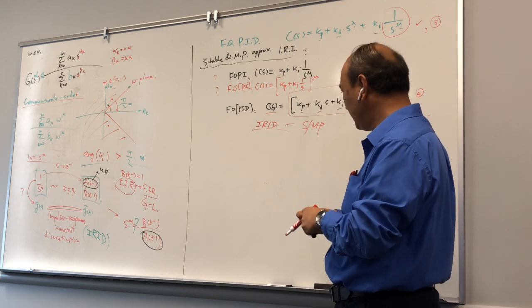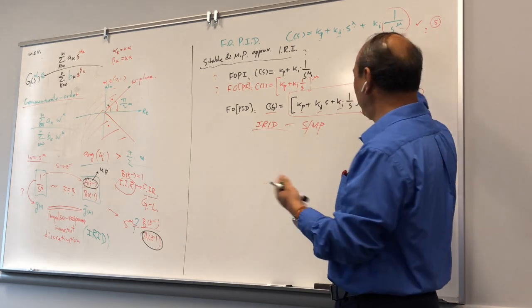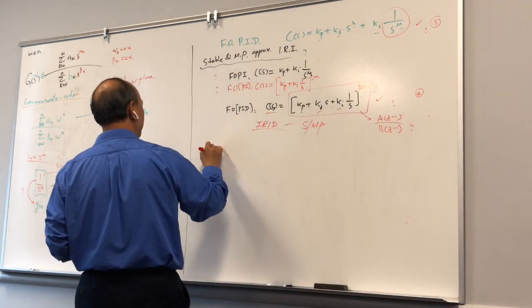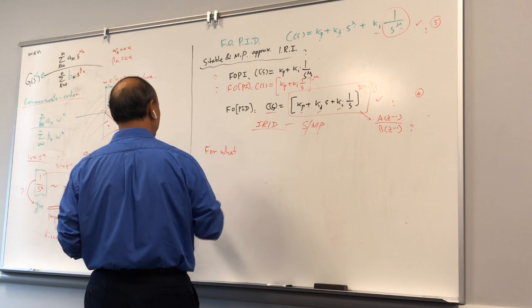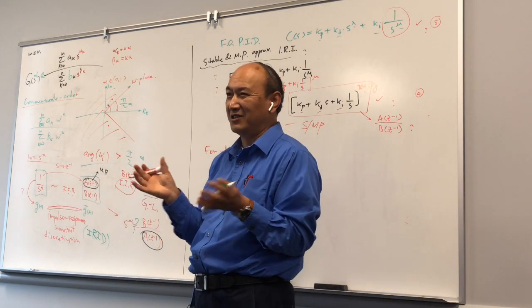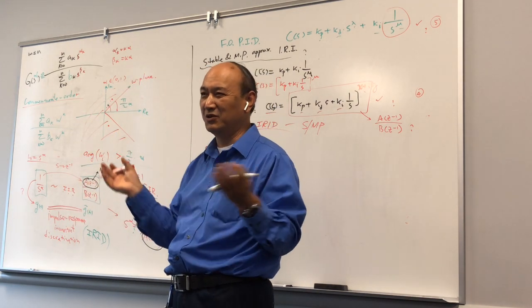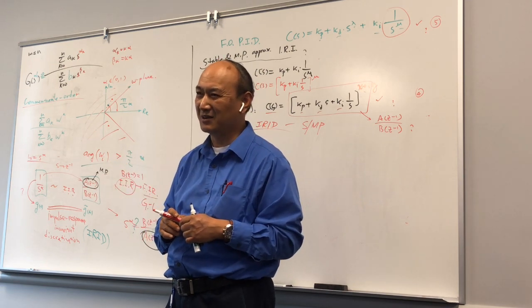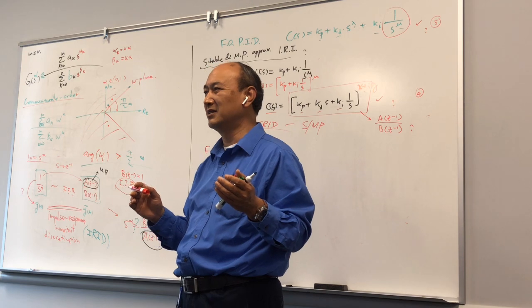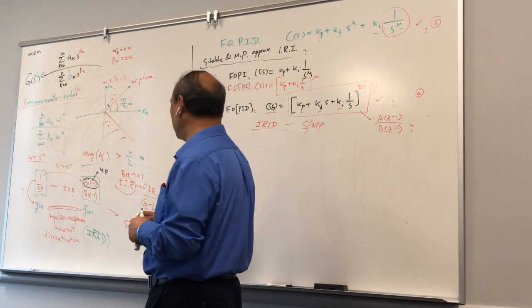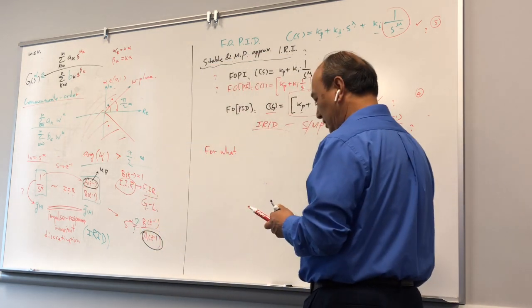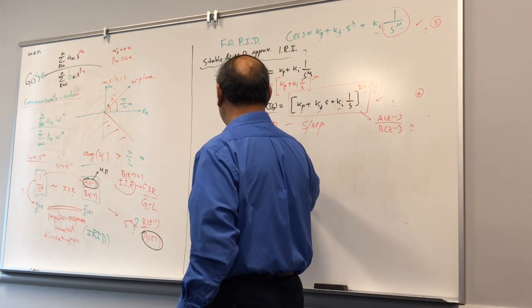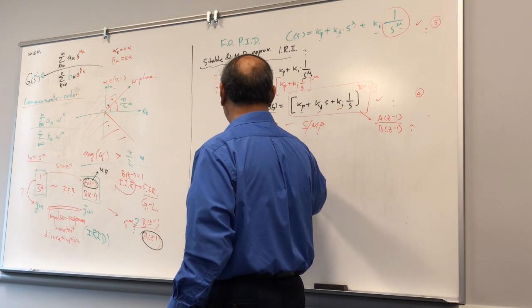But the question is, you need all this freedom for what? You have fractional order. You bring in fractional order. It's supposed to be better. In what sense? For what? So I think eventually there are two things. One is called stability.